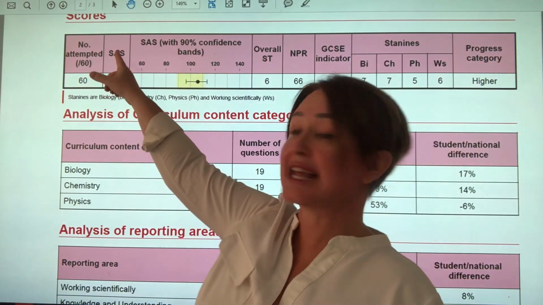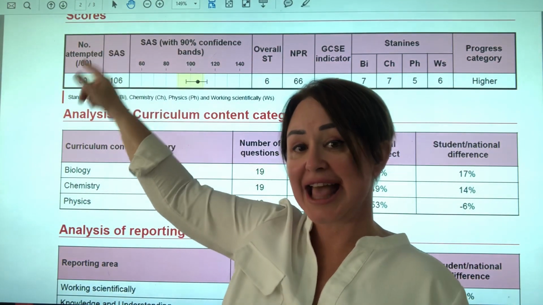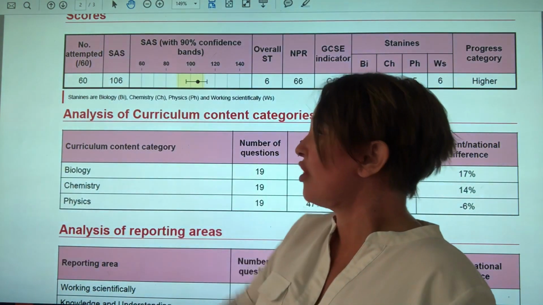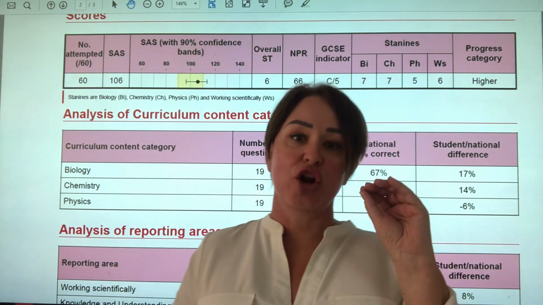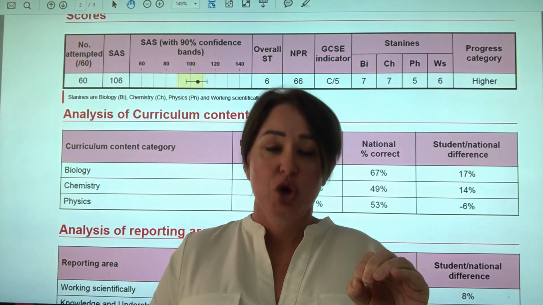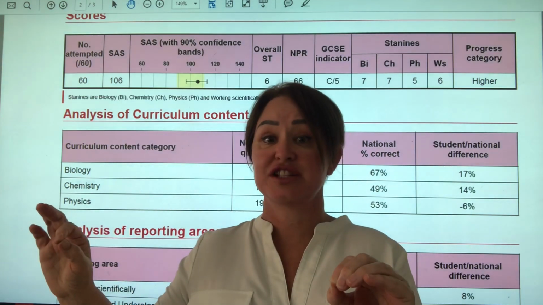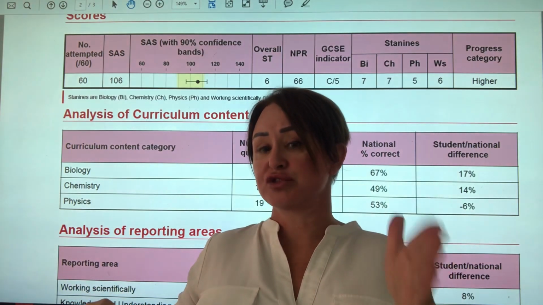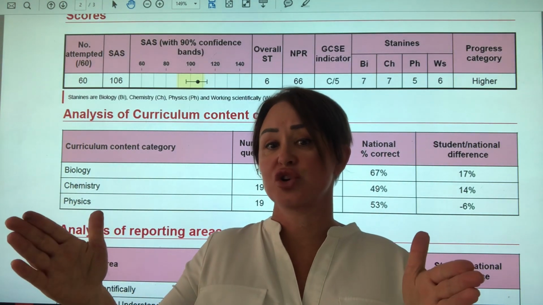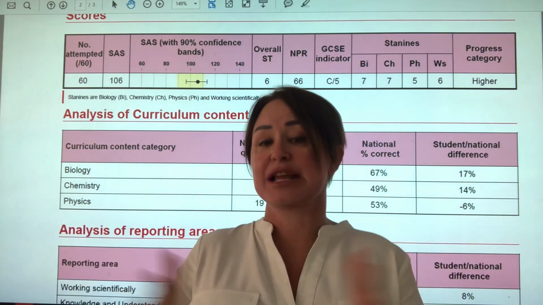Next, we've got this thing called the standardised age score. What that does is it enables us to compare a child who was born on the 1st of September with a child who was born on the 31st of August a year later. That's when the school year runs from the 1st of September to the 31st of August, and you will get these two children in the same year group.